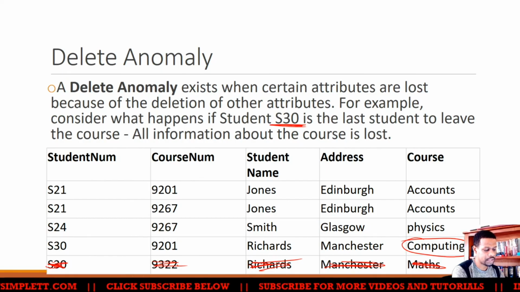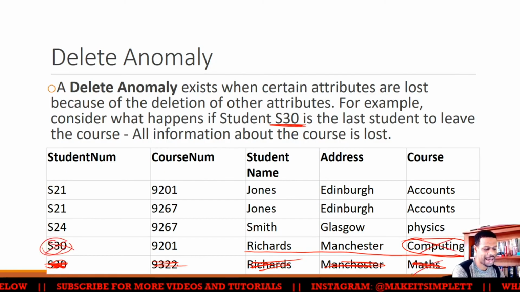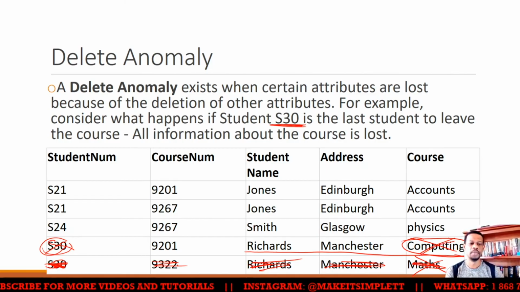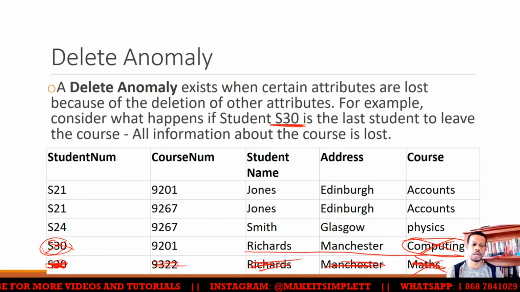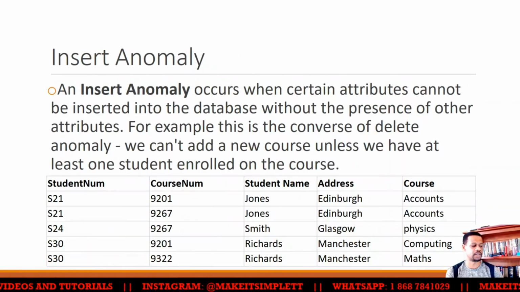So this person will still be registered as doing the computing course because you deleted only one record. If the table was split, you delete S30 once, and it takes them out of computing and maths at the same time. That is the delete anomaly, meaning once the tables are normalized, you delete in one place and everything will cascade. Update anomaly, you update in one place and everything will cascade.